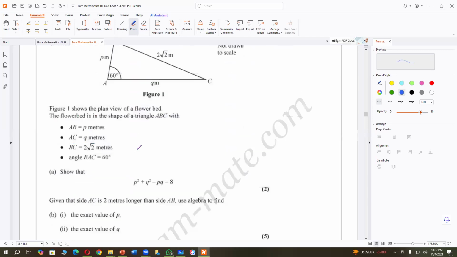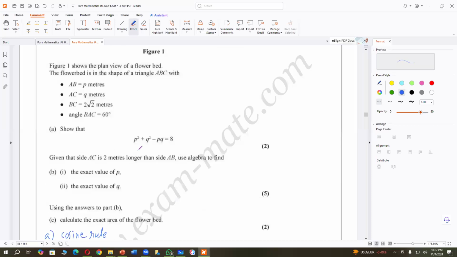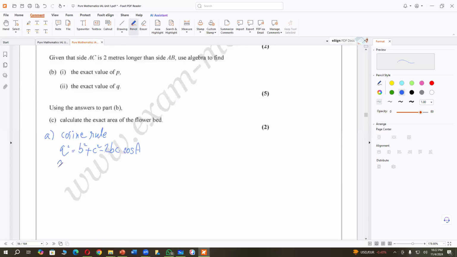Now I was thinking that if I can start with 2 under root 2, I can start with 2 under root 2 with a square on it.